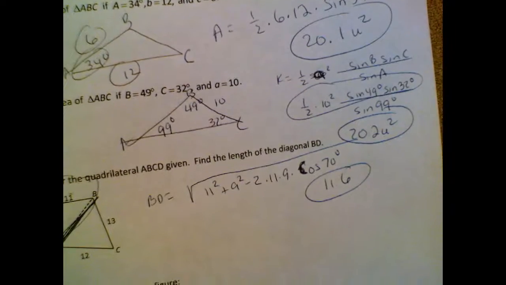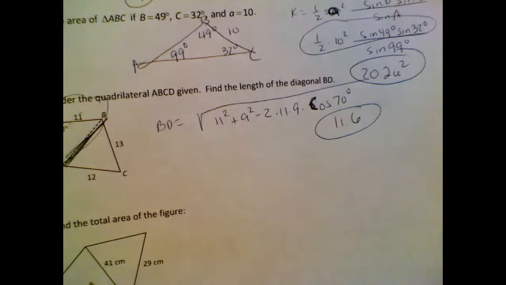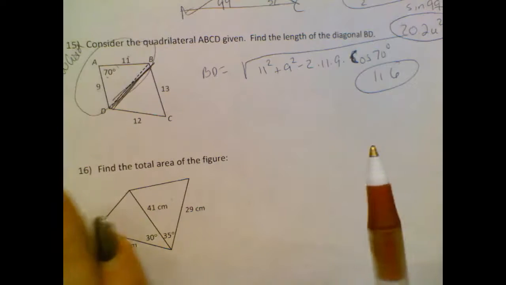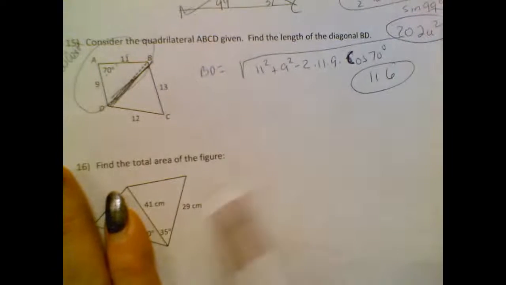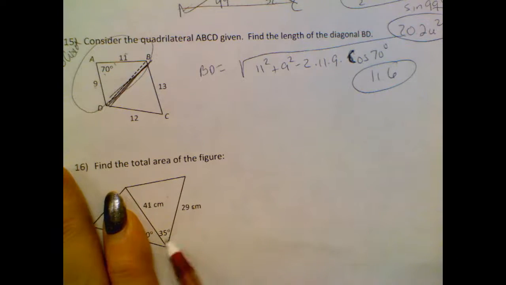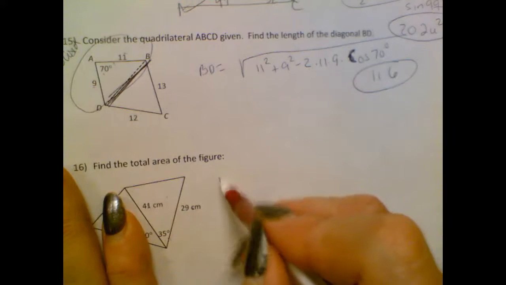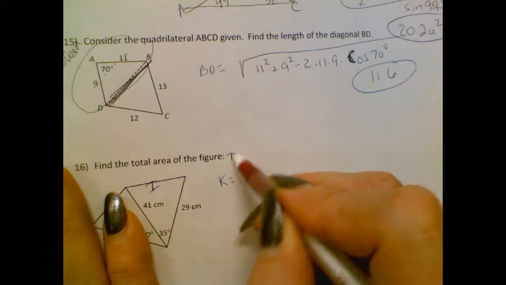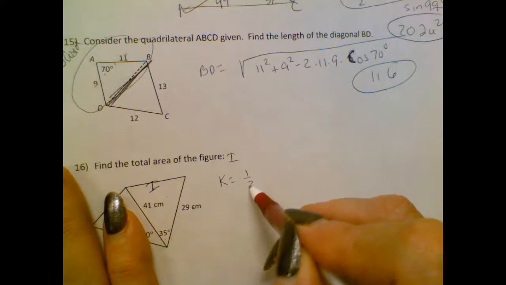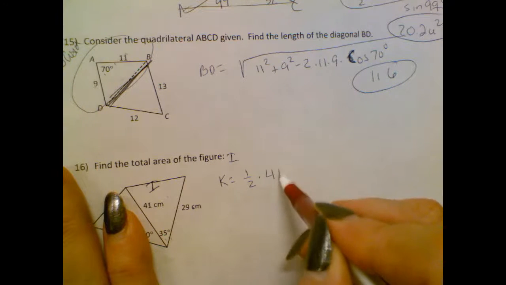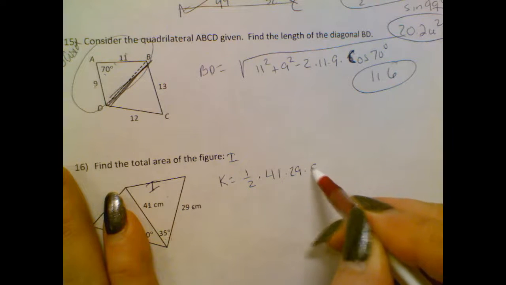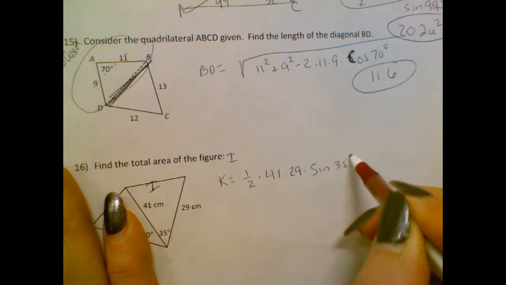That's the diagonal. Find the total area of the figure. So we're probably going to have to find areas of both of these. Probably first this one, then this one. So what do we know on this one? Let's look at this one first. This is a side, angle, side. And the area of that, we'll call this part 1. Area of part 1 is 1/2 side times side times sine of your angle.